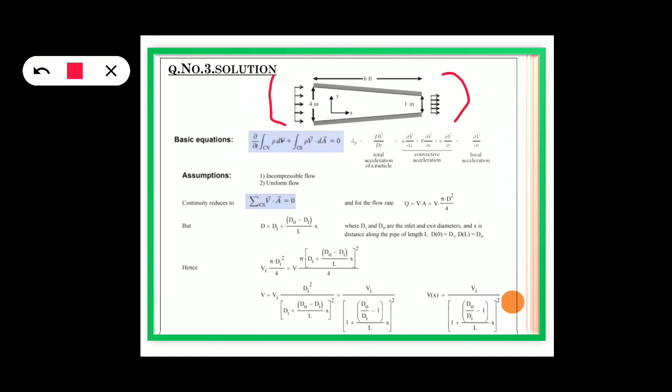Then this is the graphical representation. This is the x direction and this is the y direction, and the distance covered is 6 feet.